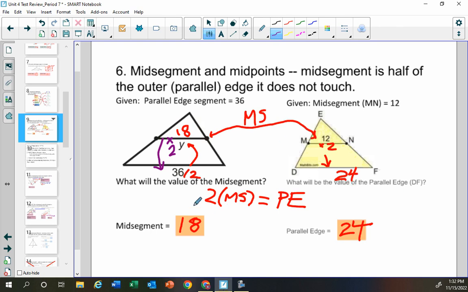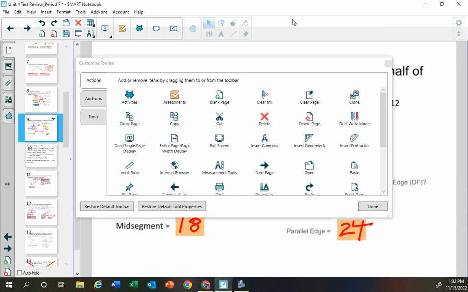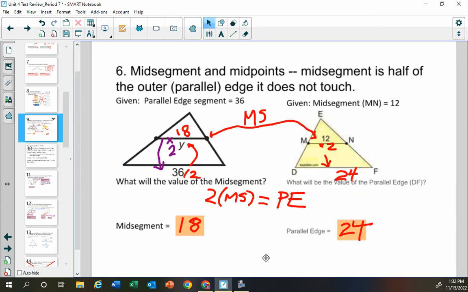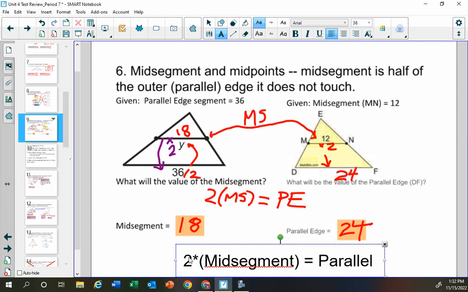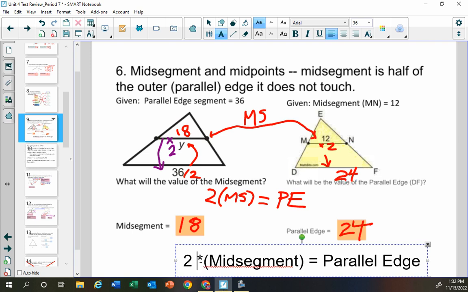Now, what I tell everybody, use this: 2 times mid-segment equals parallel edge. Always use this. Because worst case scenario, you know the mid-segment's going to be inside that triangle, and the parallel edge is going to be the one that's on the outside.